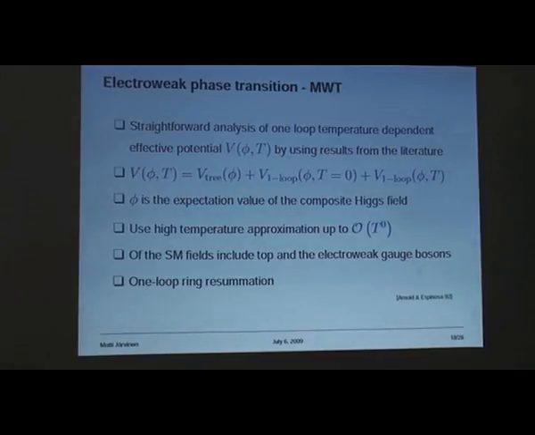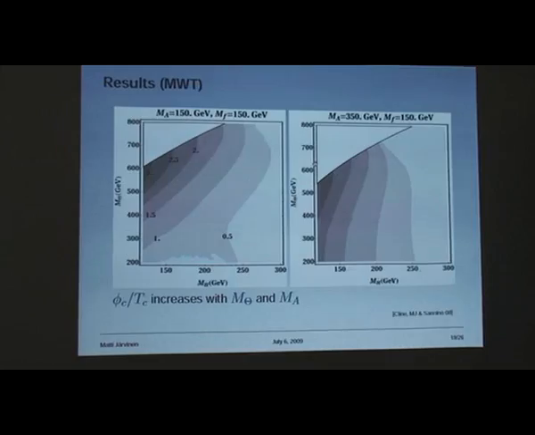So this is just a straightforward calculation using the Lagrangian, which we have. And then you can calculate the phi_c over T_c parameter. I'm sure that you know what this is.